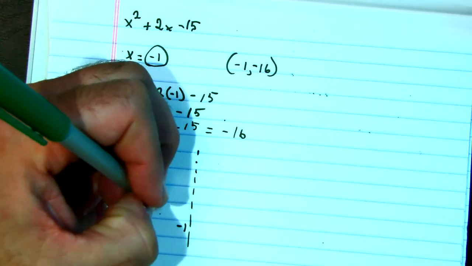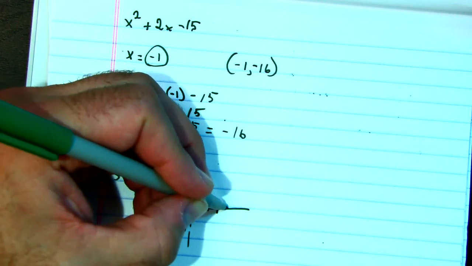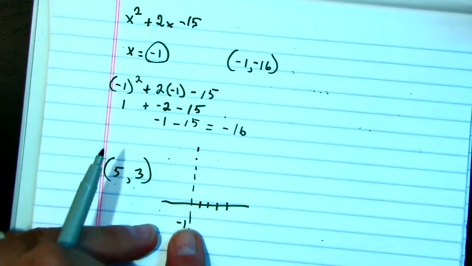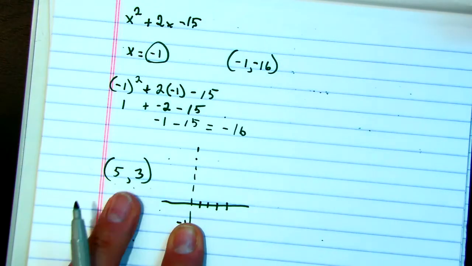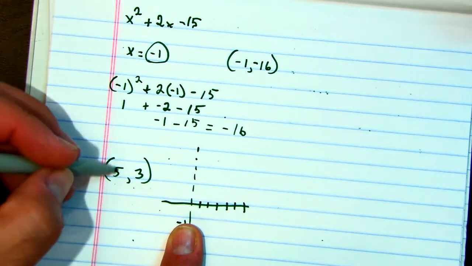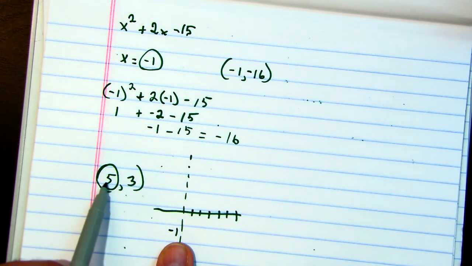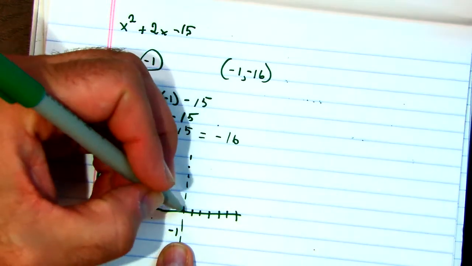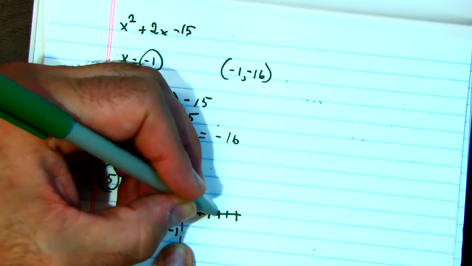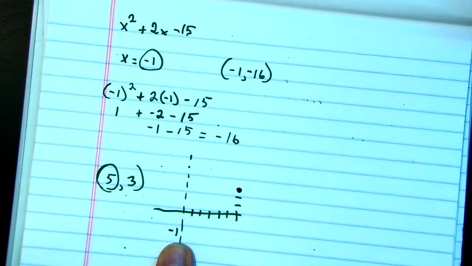And that means you've got negative 1, 0, 1, 2, 3. So how far away is negative 1 from this x value? Because they're saying the axis of symmetry is negative 1. And this point is at 5, 3. So that means it's 1, 2, 3, 4, 5. 1, 2, 3. It's there.